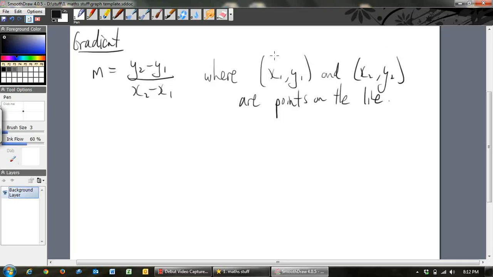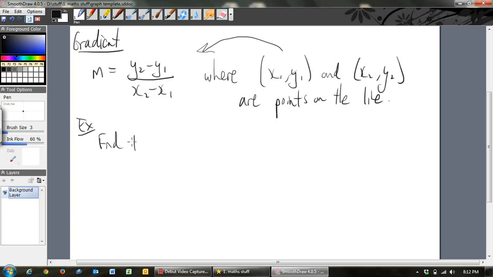Okay, we just give them these names so that we can talk about them in the formula. So these are 2 points that we know on the line. If we know that, then we can just substitute these values into this formula, and that will give us the gradient. Okay, so I'll probably do 2 examples. Let's do one here.